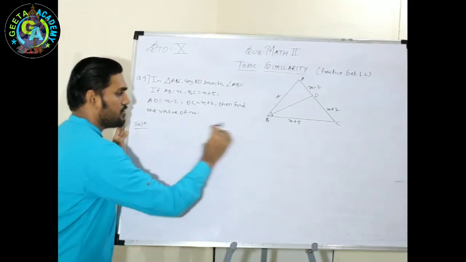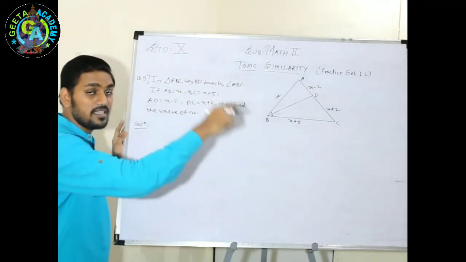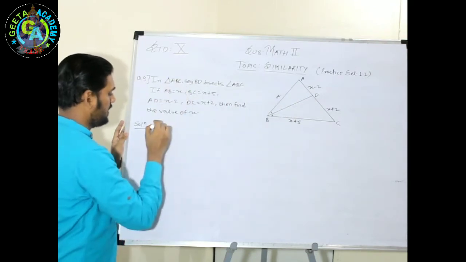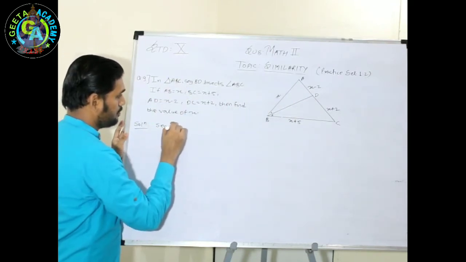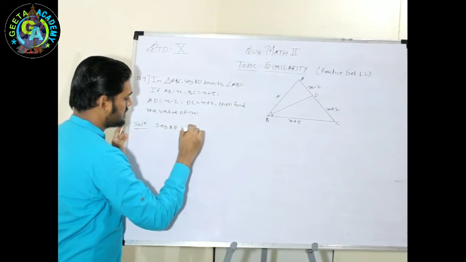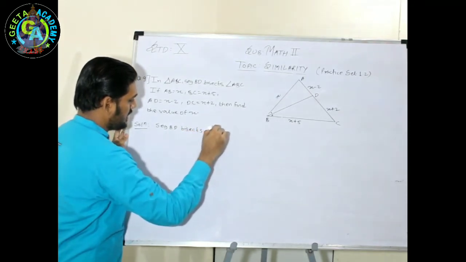So what will be your first statement? Which ray is bisecting which angle? So we will write segment BD bisects angle ABC.